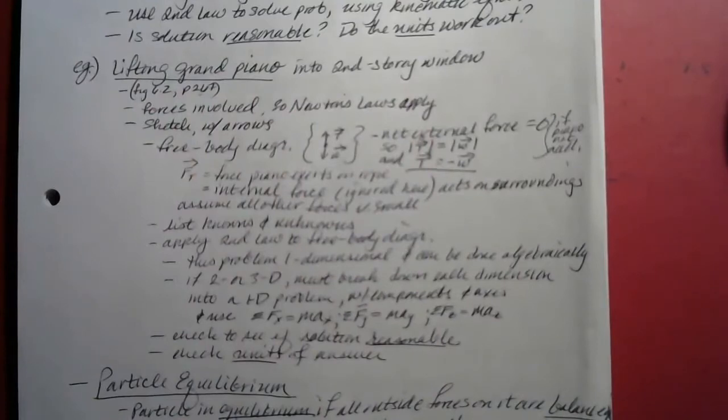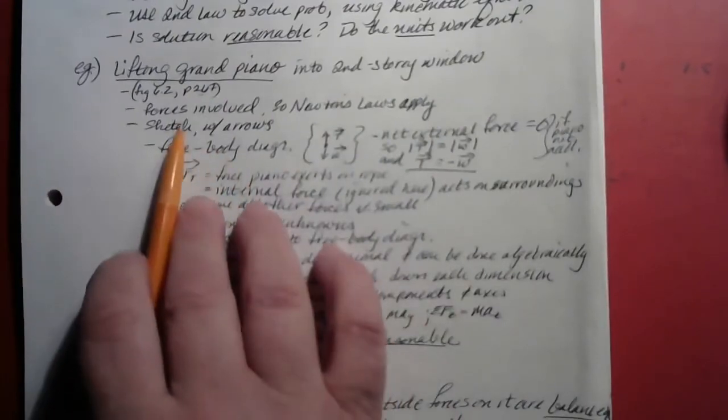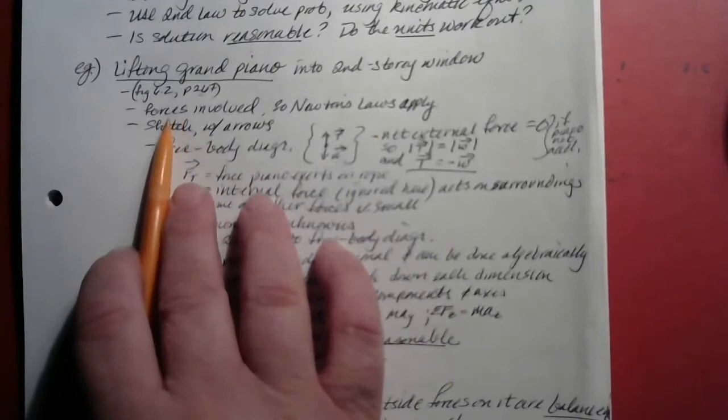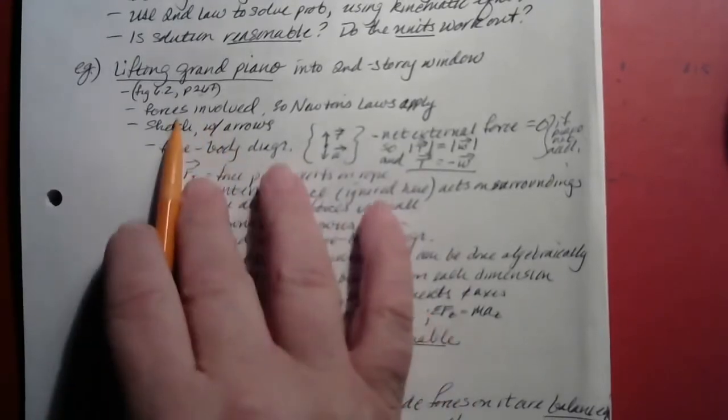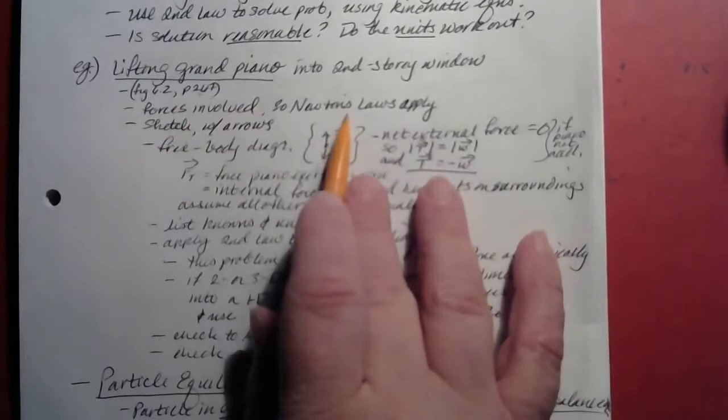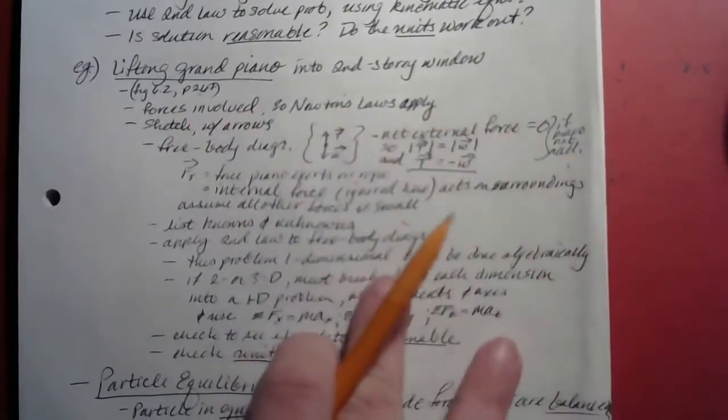It doesn't look like a grand piano because it's wrapped in a tarp and on its side, being lifted by a crane into a second-story window. But we want to see whether there are any forces involved, and certainly lifting something that heavy up to a second-floor window definitely involves forces, and that would mean that Newton's laws apply.